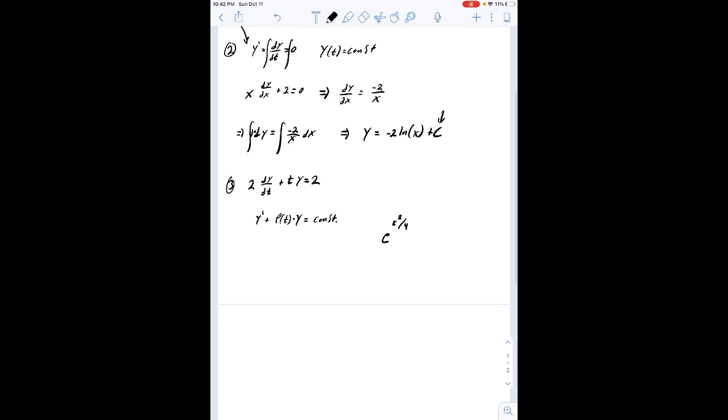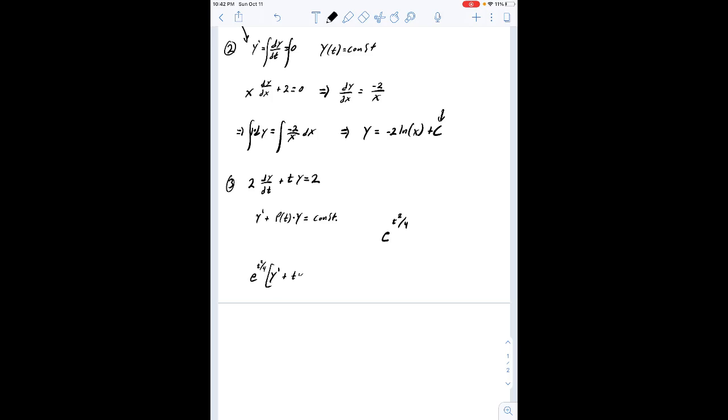Okay, so if we multiply this on both sides, we get e to the t squared over 4 times y prime plus ty over 2 equals e to the t squared over 4 times 1.